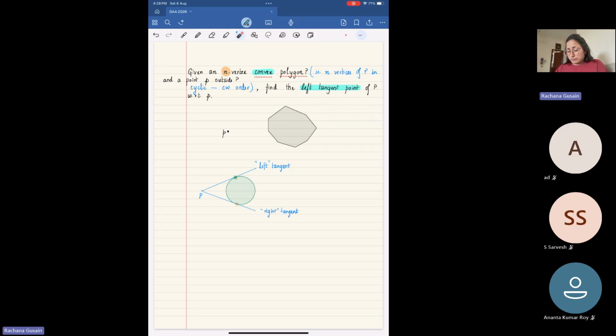So let's say it's an n vertex polygon. I have these n vertices stored in an array from 1 through n. And besides that array, I'm also given this point. Now the goal is to find the left tangent point, right? So if I try to draw this tangent line from point p to this polygon capital P, that's my polygon.